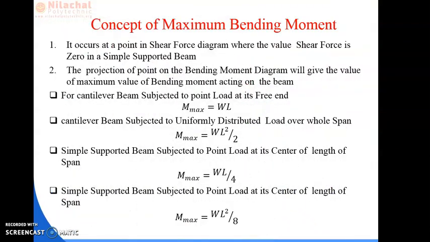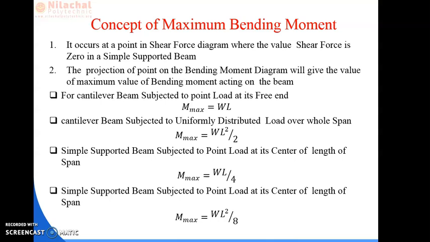So what is the concept of maximum bending moment? Always remember, in the case of shear force and bending moment diagrams in a simply supported beam, the maximum bending moment is obtained from the bending moment diagram where the value of shear force at the corresponding point is 0.